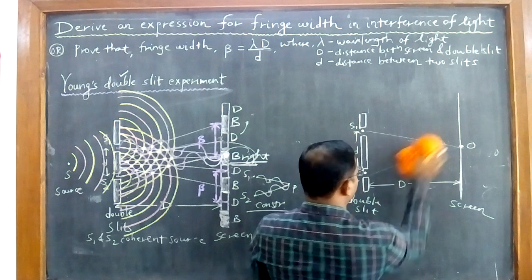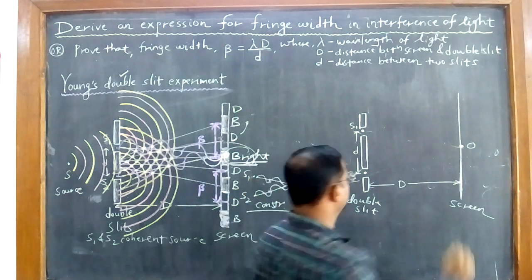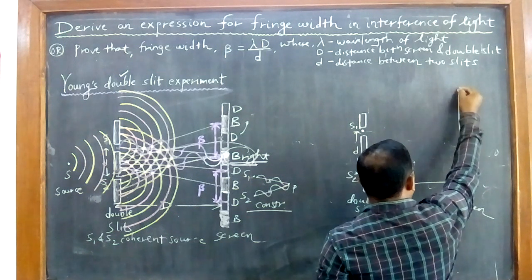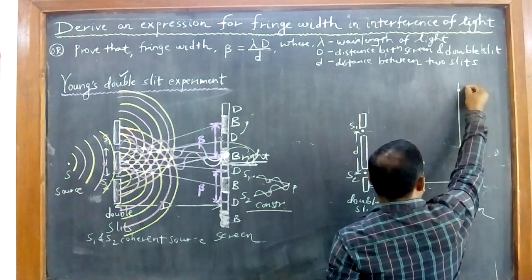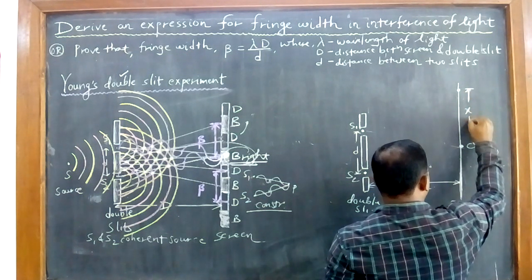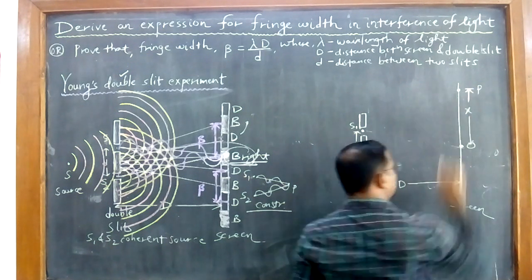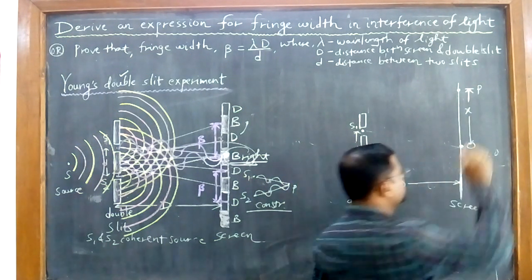Okay. Now at point O you will have the brightness, we know, but at point P, which is present at some distance x from O, what type of fringe is going to form, I don't know. At point P there are two possibilities.